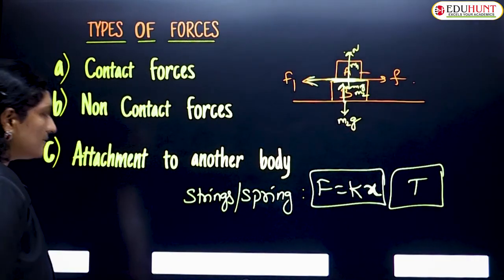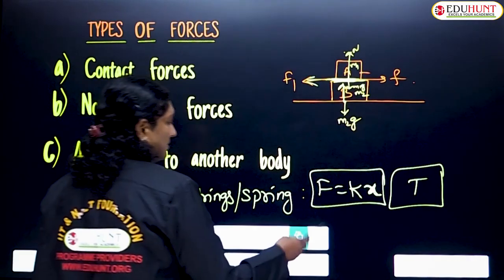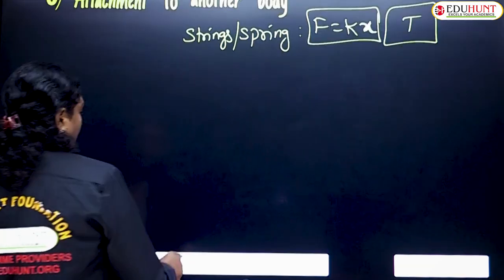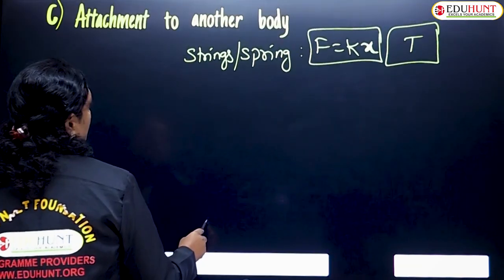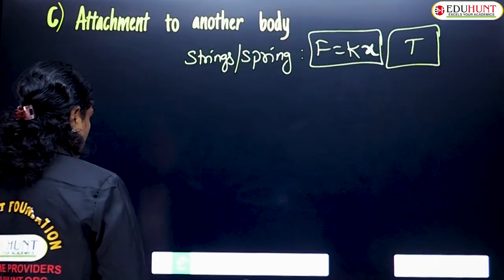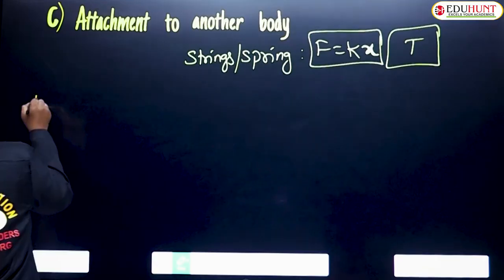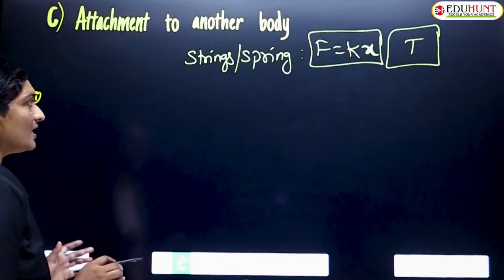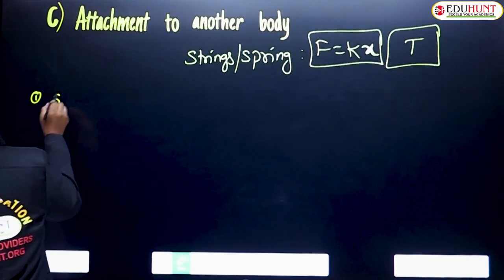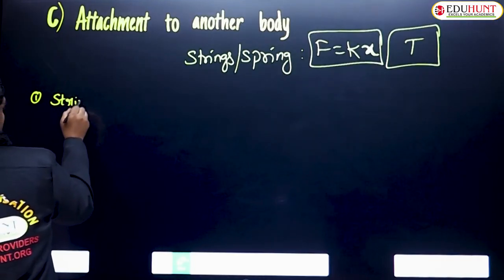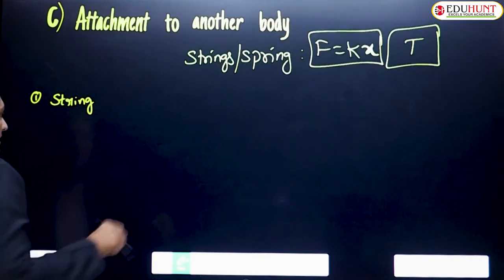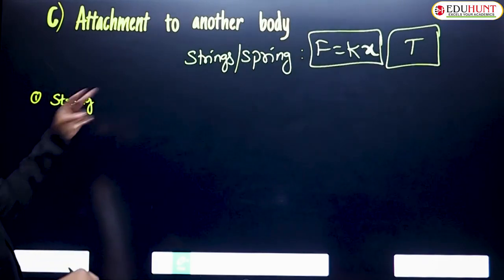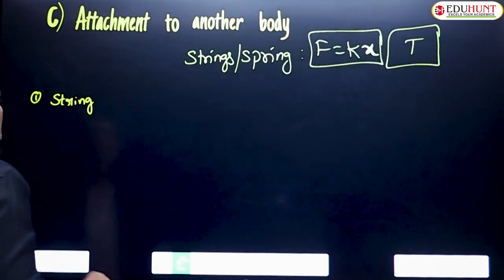To understand this in detail, let us consider a basic example. Here again, three conditions come into play. First, consider the case where the string is inextensible. String and spring are the same conditions, children, so instead of using the two terms, I am using string altogether.